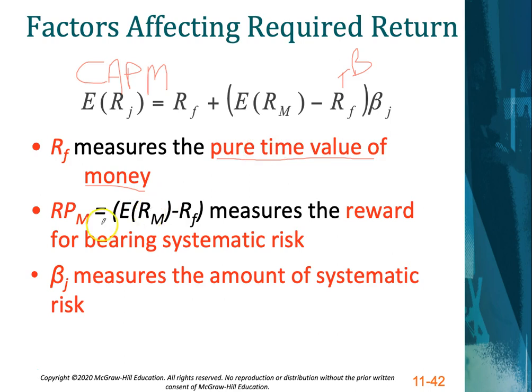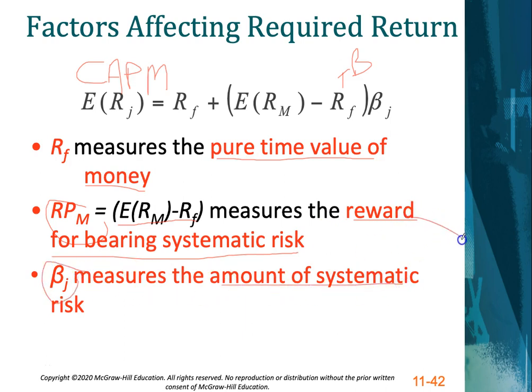And then the risk premium of the market, which is this expression here we've talked about, that is the reward for bearing the systematic risk. That's exposure to changes in inflation, unemployment rate, GDP, interest rates, those sorts of things. And then the beta measures how much of that systematic risk.